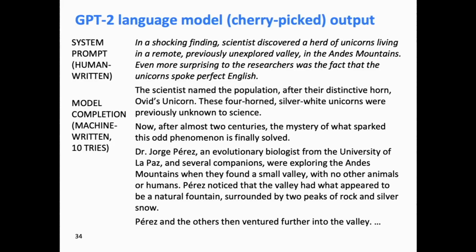So the way this was done was a human writes a couple of sentences: In a shocking finding, scientists discovered a herd of unicorns living in a remote, previously unexplored valley in the Andes Mountains. And then we use our neural language model and chug through that, so that gives us context, and then say generate more text, and it starts to generate the scientist name, the population after their distinctive horn, Ovid's unicorn. These 4-horned silver-white unicorns were previously unknown to science.